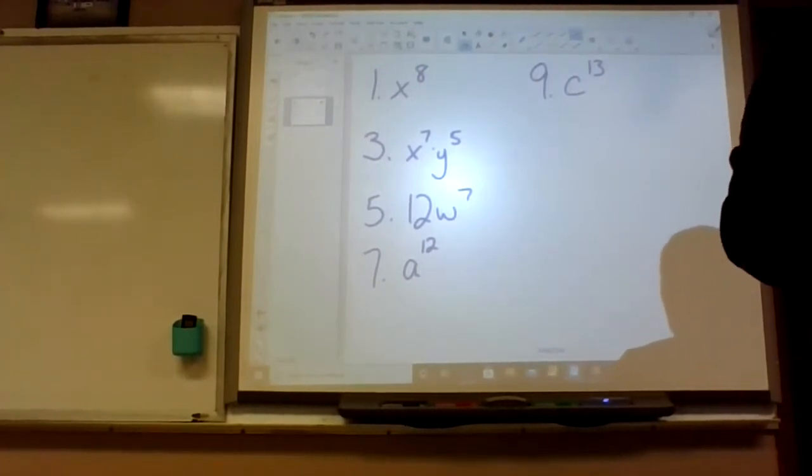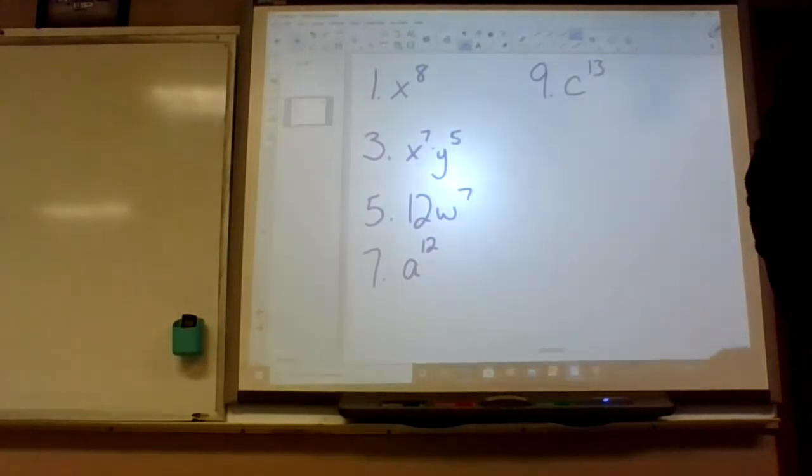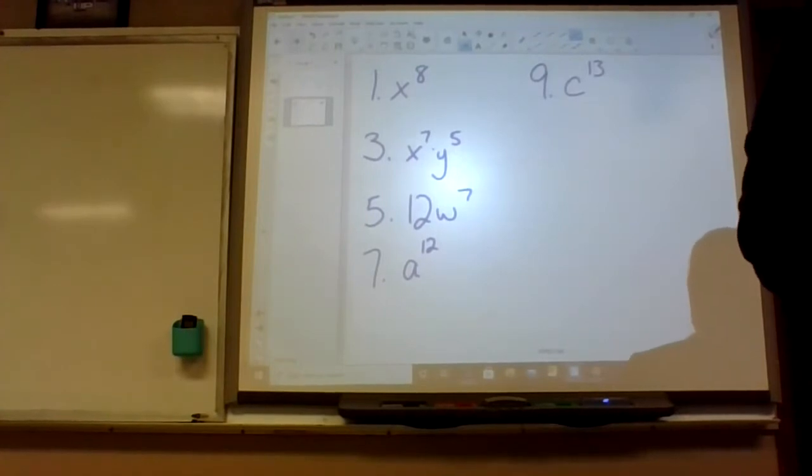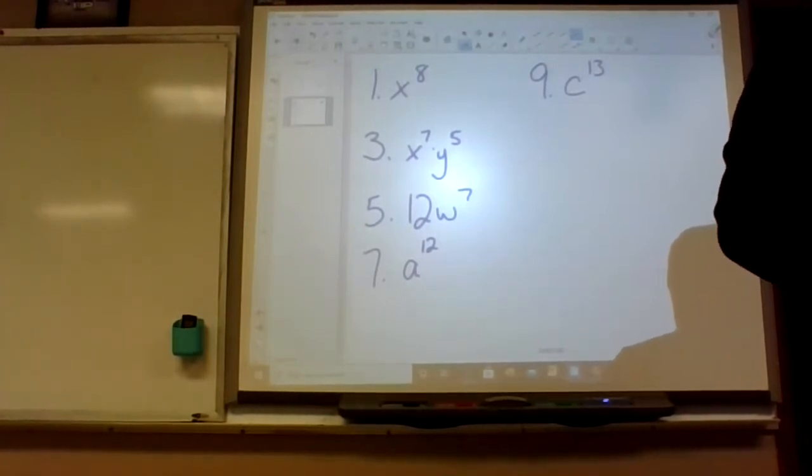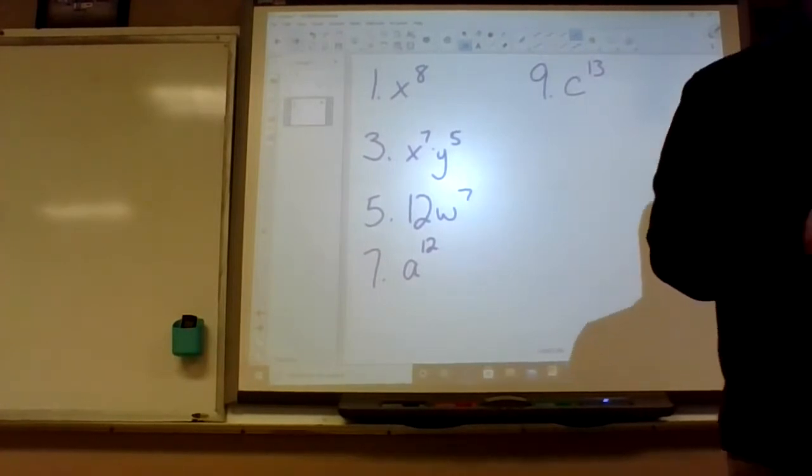Okay, number 11, I guess we'll go Trey. On 11, everything in parentheses is being squared, right? You guys see that? So Trey, what is negative 2 squared? 4. What's negative 2 times negative 2?